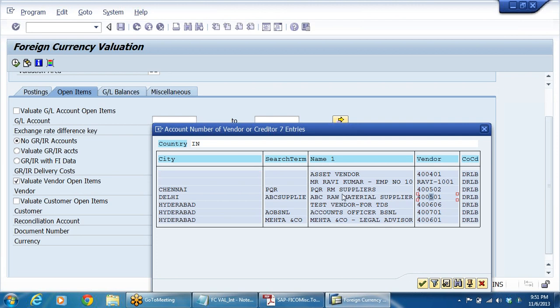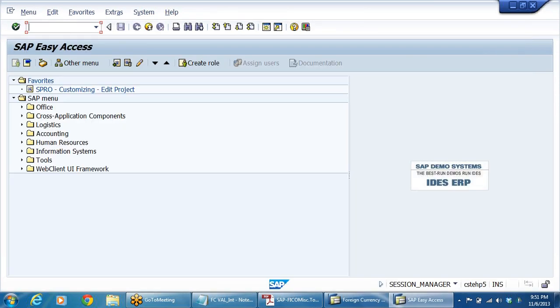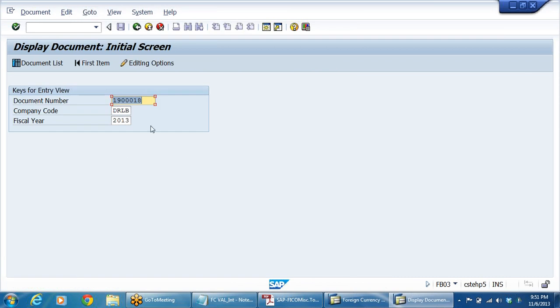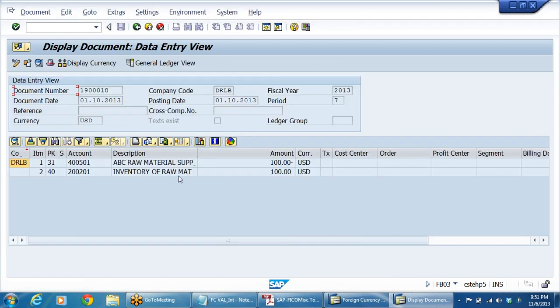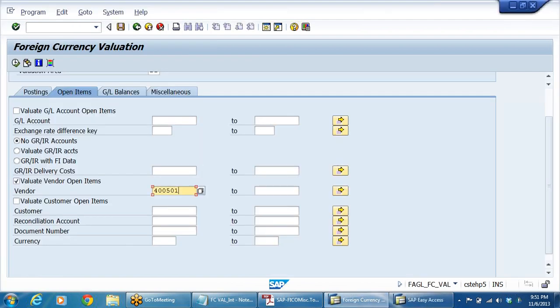This is 400-501 ABC raw material suppliers. FB03. Just now we have seen document 18. Right. So this is ABC raw material suppliers, $100. On 1/10 we have posted.